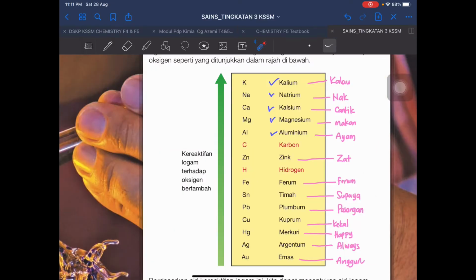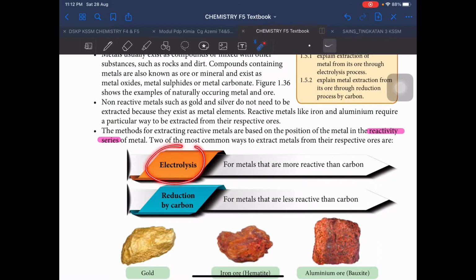And we don't talk about this K, Na, Ca. You know why? Kalium, natrium, these are the reactive metals, super reactive metals from group 1. Takkanlah we want to use this in electrolysis kan? Mustahil. Okay, so ingat, for most of the examples that you will see in your textbook or reference book, aluminium lah contoh yang paling digunakan untuk menceritakan tentang electrolysis.